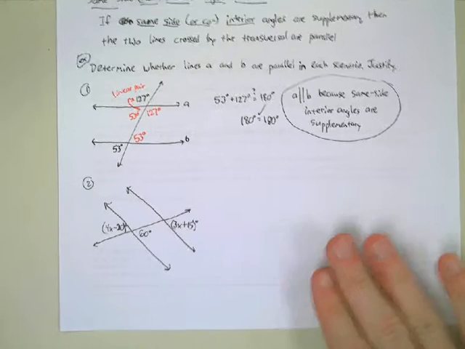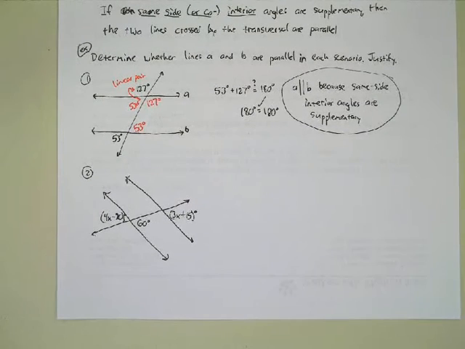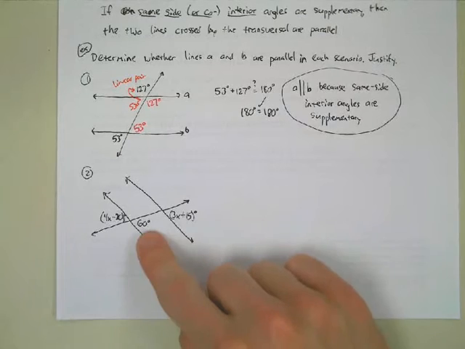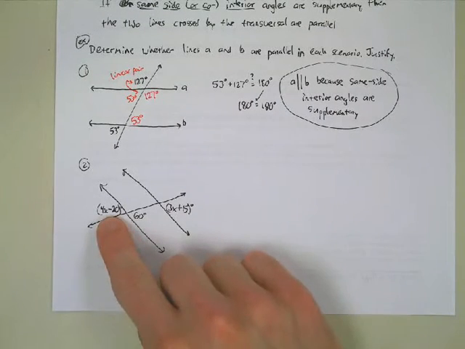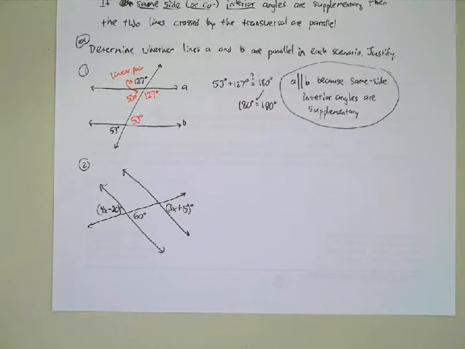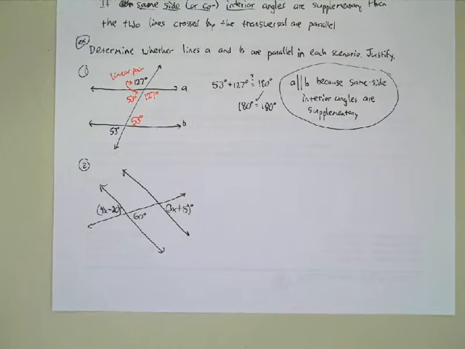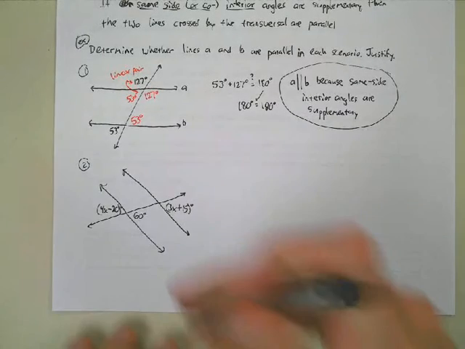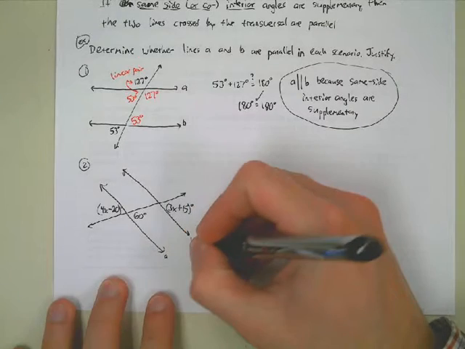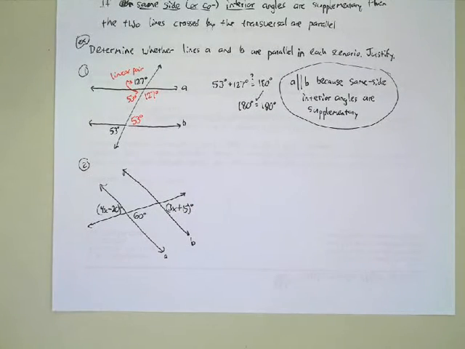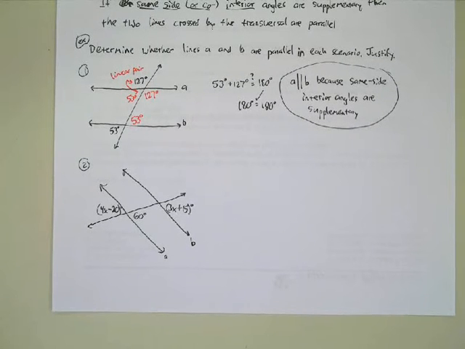So 3x plus 15 there, 60 degrees there, and then 4x minus 20 degrees there. And again, we'll call this line A here and line B here. And again, same question. Can we determine whether A and B are parallel here? Or how should we even go about starting to tackle this problem?